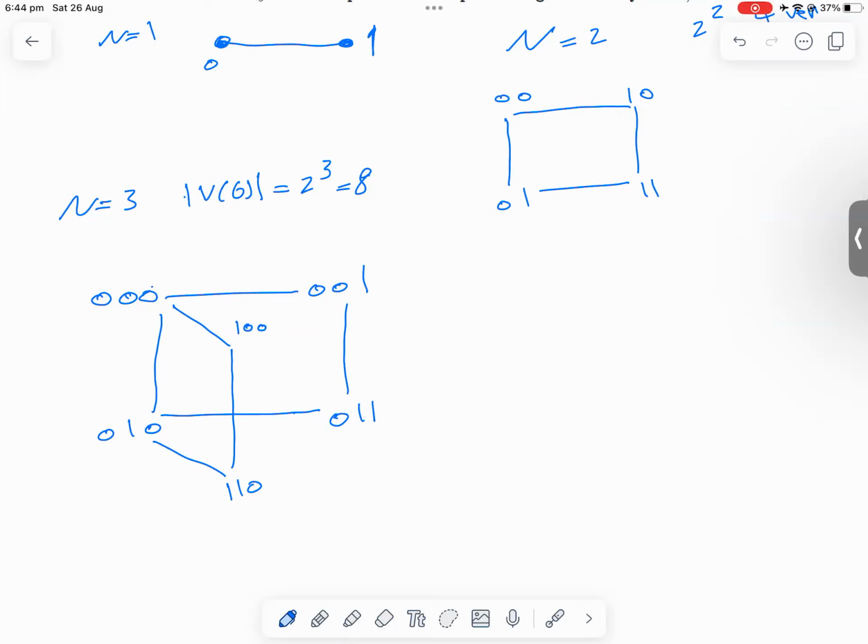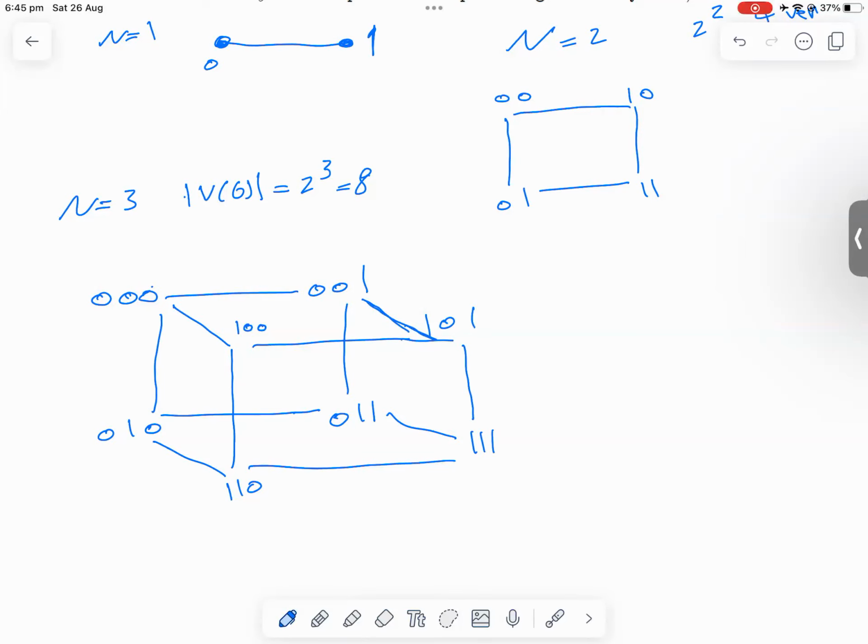Then 1, 1, 1, with an edge to this one, and one more vertex, 1, 0, 1, with edges between these. Yeah, we are done, I think.